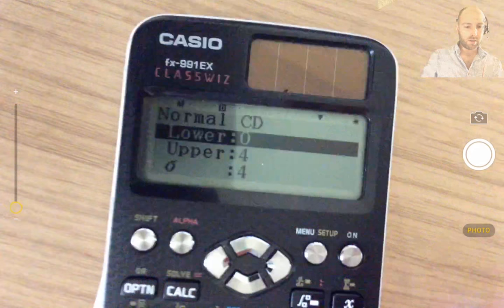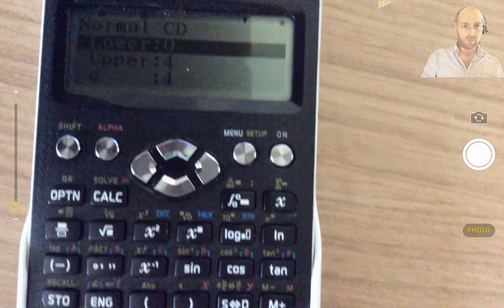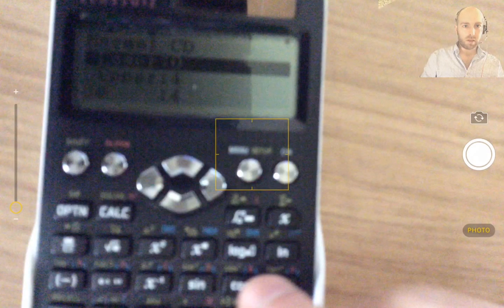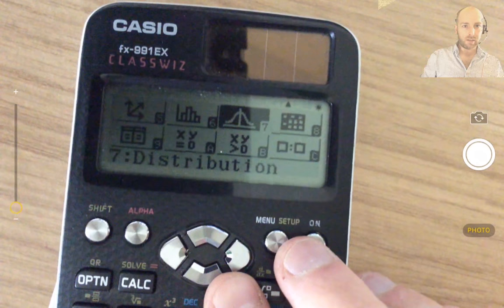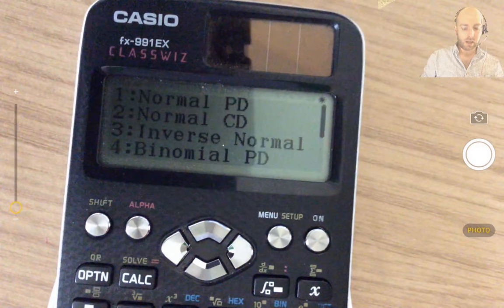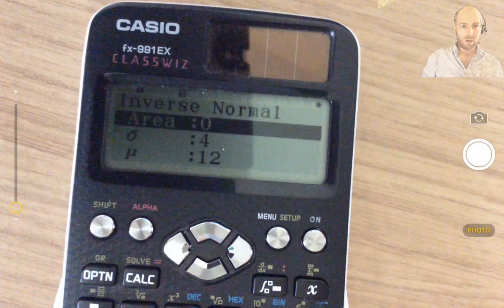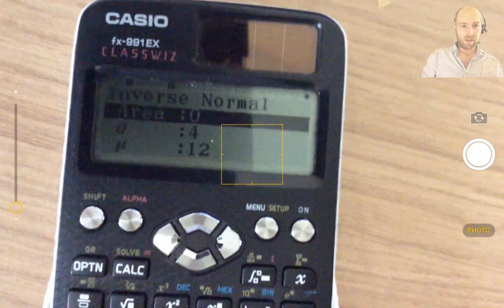Is that working? Yes. Cool. Right. Menu. Sorry, it's very laggy, this. Distribution, inverse normal. And it just asks you for area, sigma, and mu.